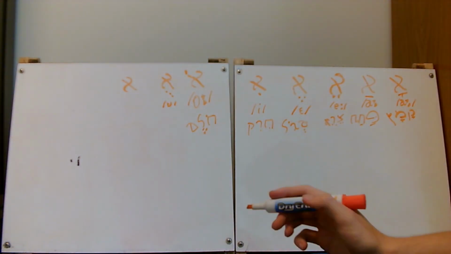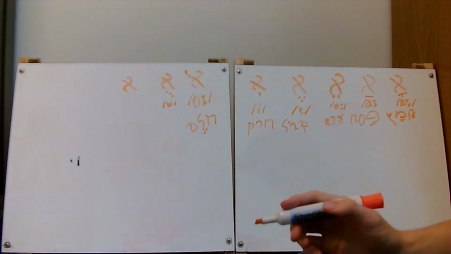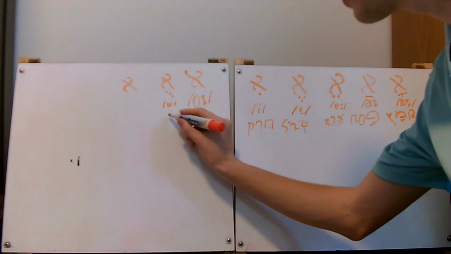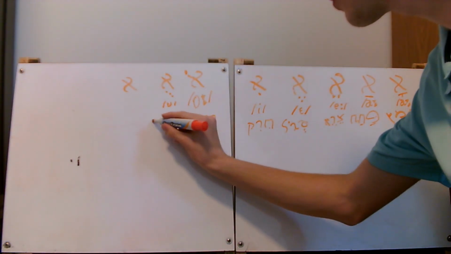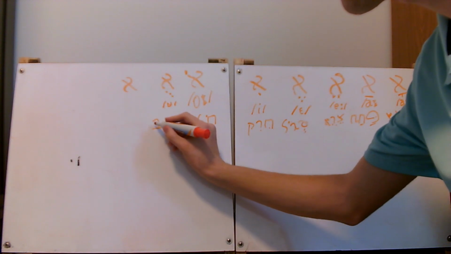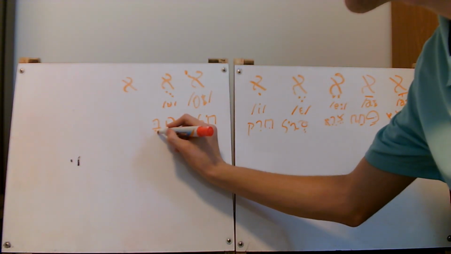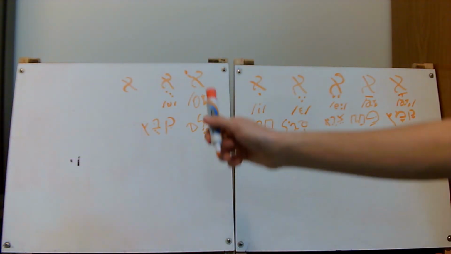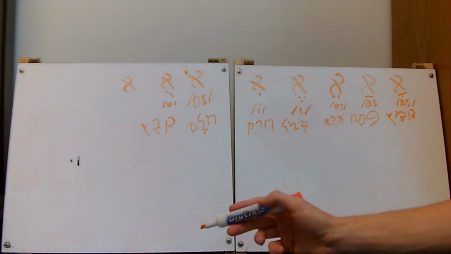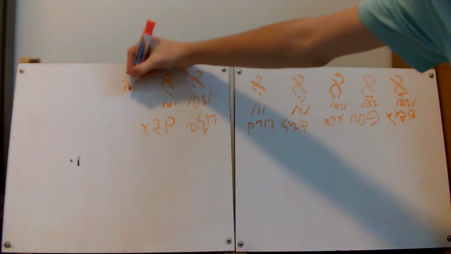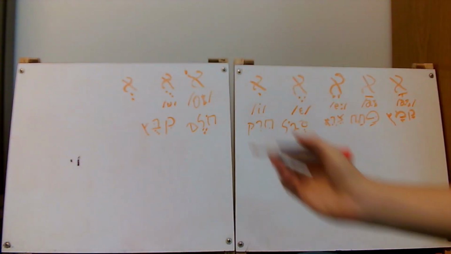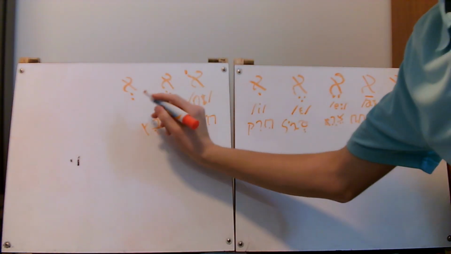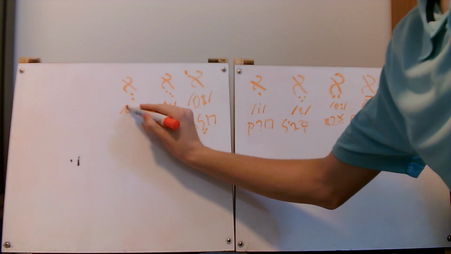And it's very rare, but it still needs to be memorized, and it's called a kubbutz. Yeah, kubbutz. So, the last one here is the schwa.